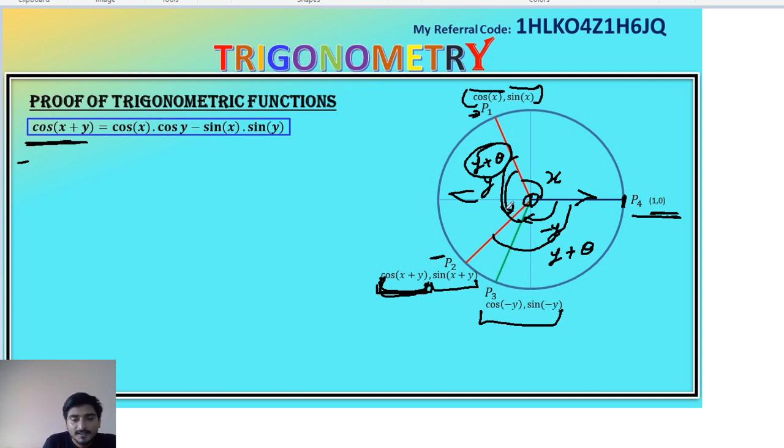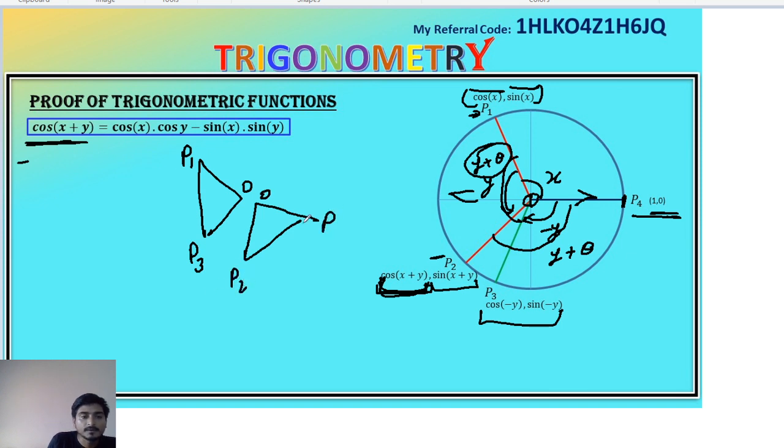Okay, so in this case, now if you see triangle P1, P2, O, and another triangle, sorry, instead of P2, now we can directly come to P3. I'll tell you why. Then again P1, O, P2 and P1. Now from this, if you see this angle in both of these is y plus theta.